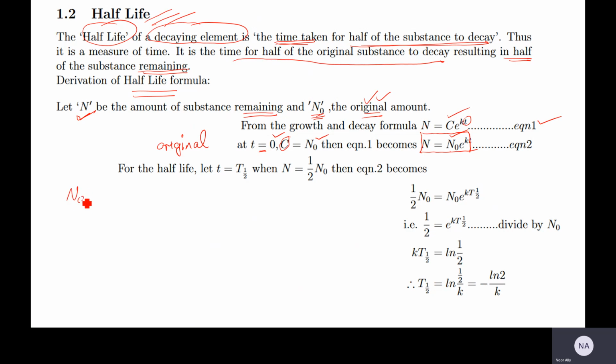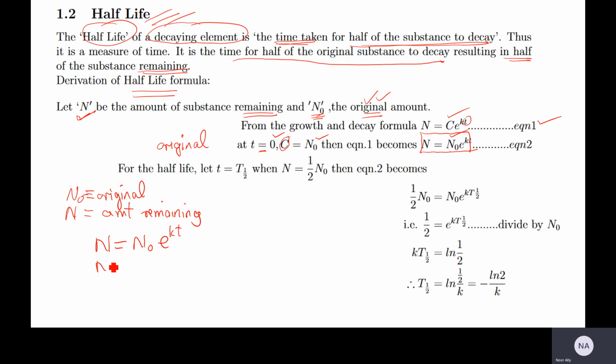So N0 is the original amount and N is the amount remaining at a particular time. Now, another way of putting it, I'm just going to write this there. N is equal to N0 e to the power kt.